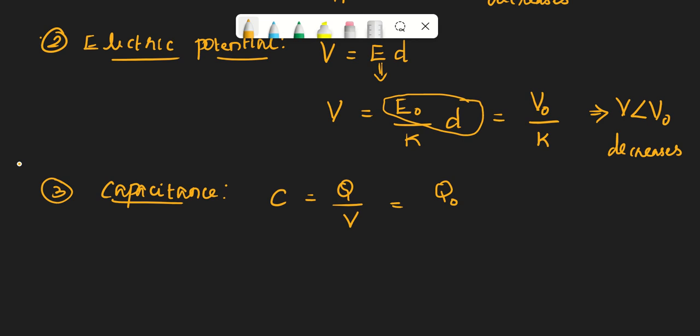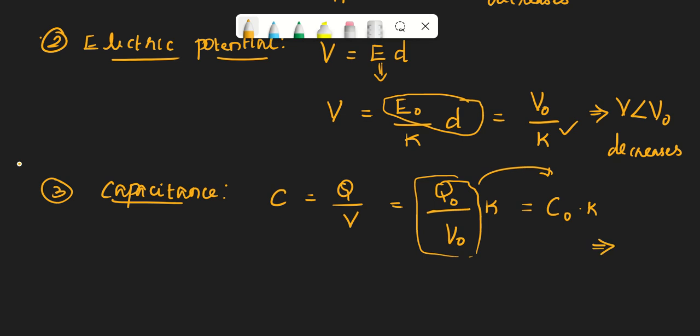So it will be Q0 only, divided by V. Instead of V, I'm going to substitute V0 divided by K. So K goes up. This can be written as C0 K, since Q0 by V0 is C0, which means that the capacitance increases after inserting the dielectric.